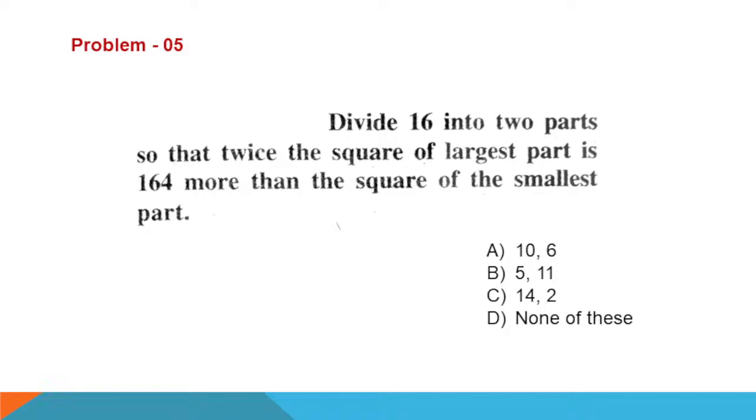Divide 16. These problems, just I am forming the equations, you will solve. Okay. And you will find the answer which are in the options. Okay. Divide 16 into 2 parts so that twice the square of largest part is 164 more than the square of the smallest part.